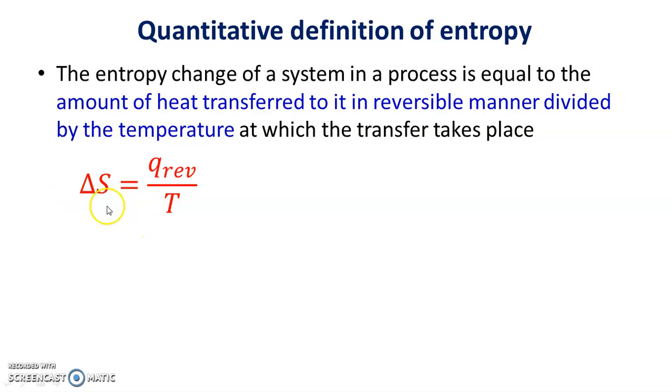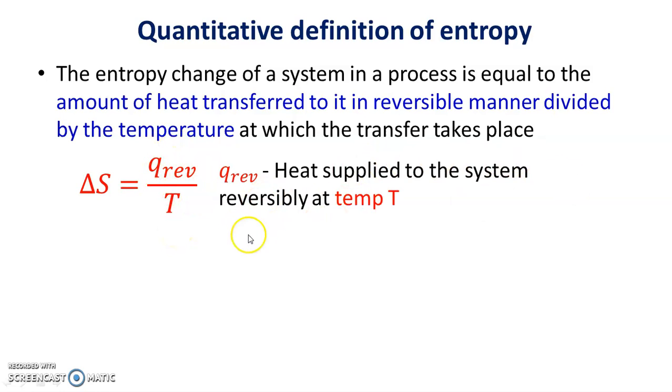And the mathematical expression for entropy change is delta S is equal to Q reversible upon T. Q reversible is the heat supplied to the system reversibly at absolute temperature equal to T. And the unit of change in entropy, that is delta S, is joules per Kelvin.